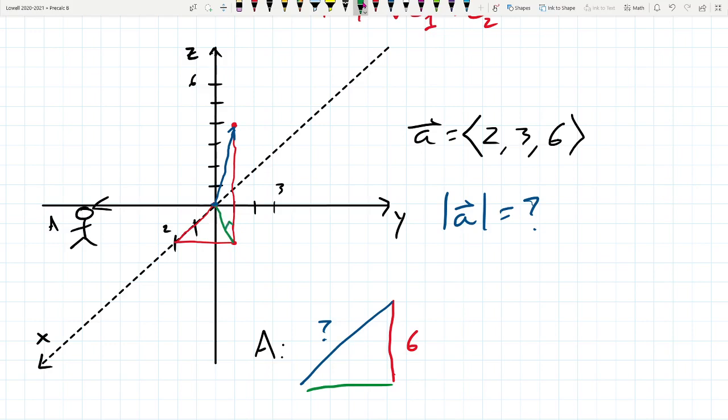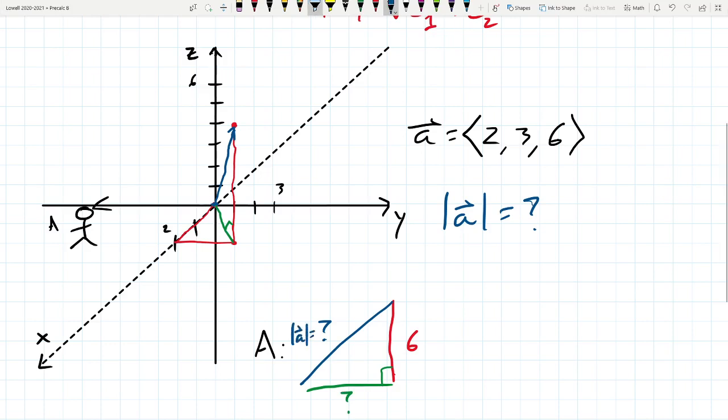Again, this is a right triangle because that red side length comes straight out of the ground. The question is, how could I get that blue side length? Well, I know this red side is 6, but I still don't know what the green length is.